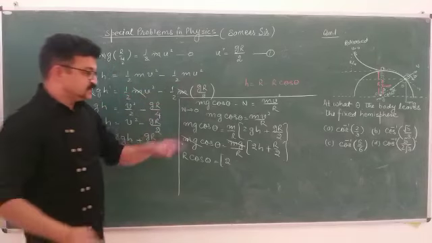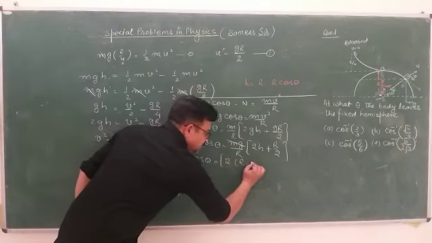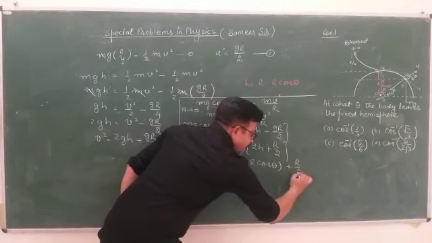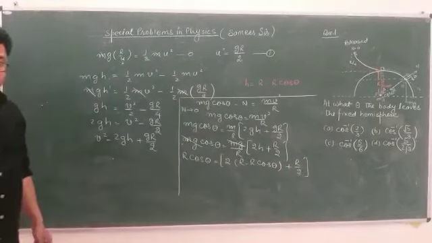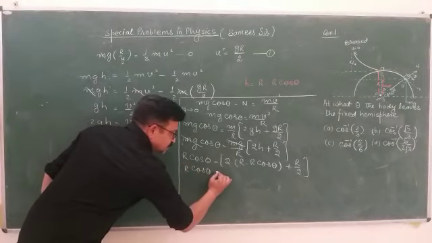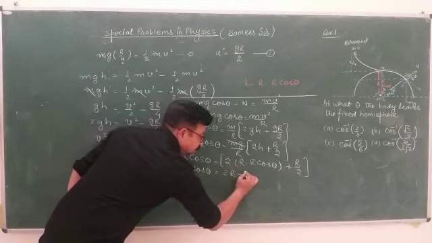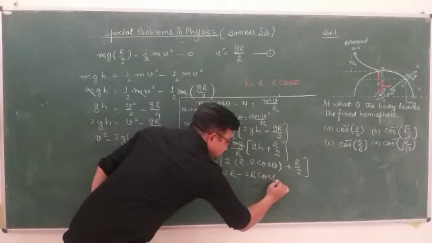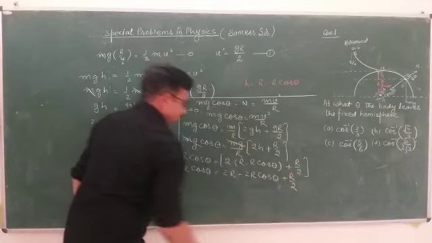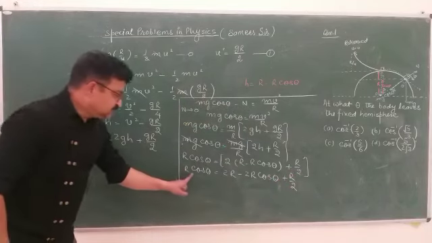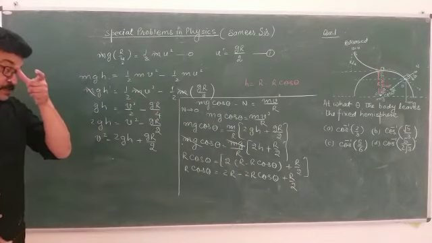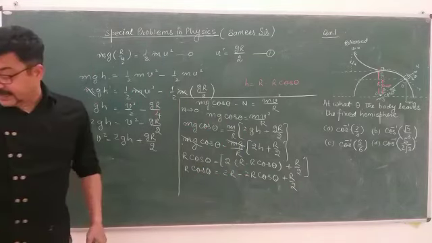So what is h? This is r minus r cos theta plus r by 2. So let us find out: r cos theta is equal to 2r minus 2r cos theta plus r by 2. This is r cos theta, this is 2r cos theta. Can you suggest what you will get at last?